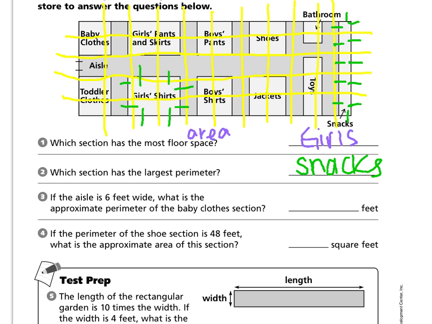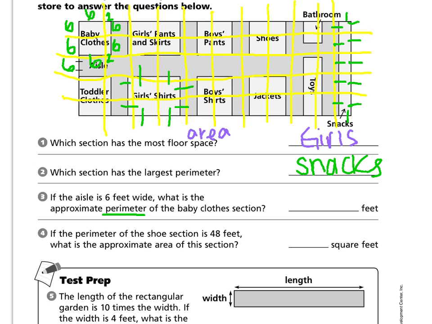If the aisle is 6 feet wide, what is the approximate perimeter of the baby clothes section? Remember, a perimeter is going to be adding up the sides. If I know that the aisle is going to be 6 feet wide, I know this is 6, and this is 6, this is 6, this is 6, and this is 6. And I could probably guesstimate this little area right here is going to be 2.